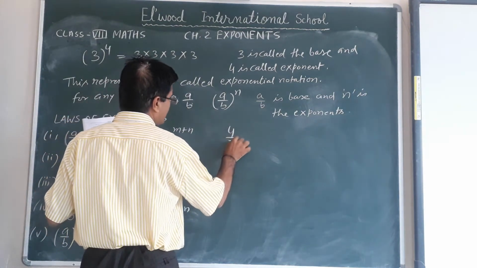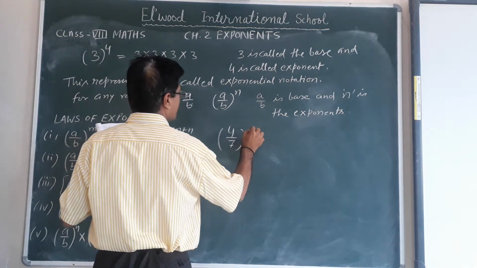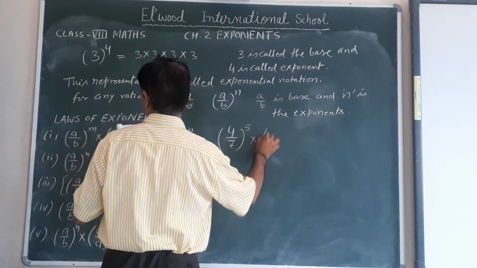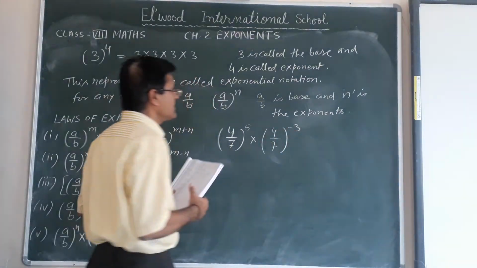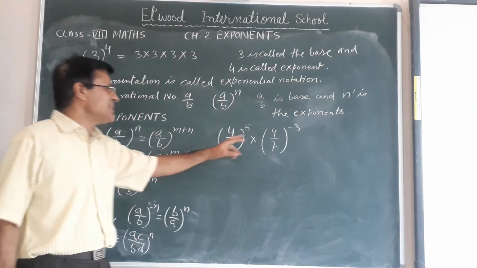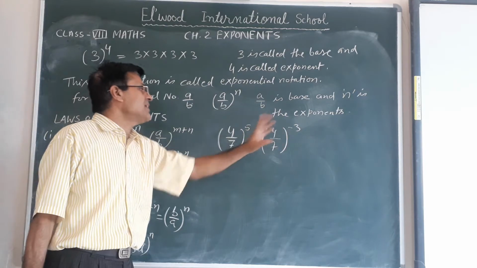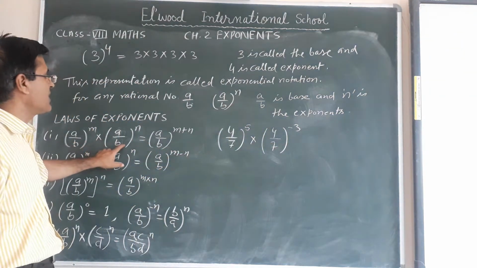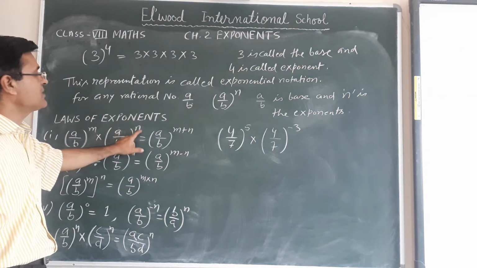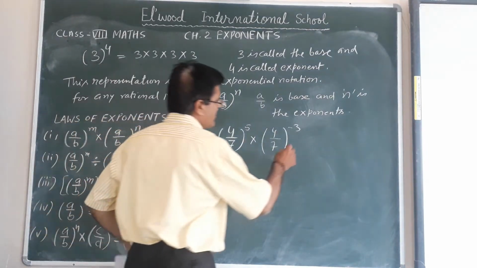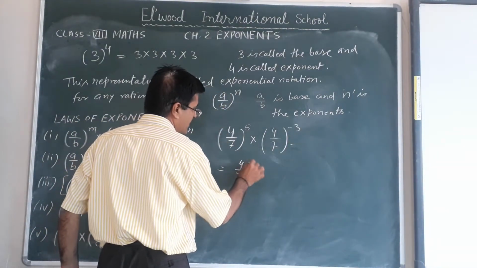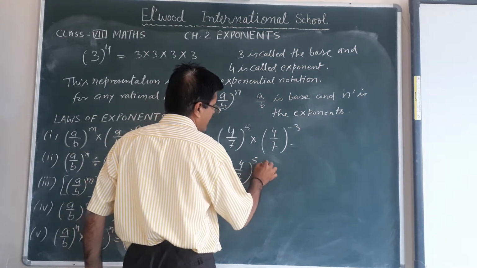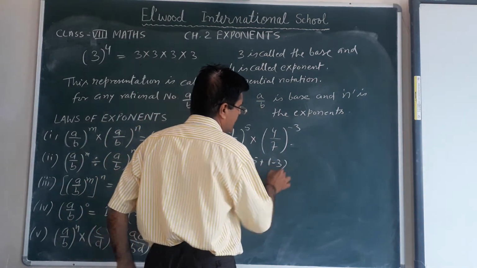(4 upon 7) raised to power 5 multiplied by (4 upon 7) raised to power minus 3. So here bases are same and powers are different. So we will apply first law, bases are same, powers will be added. So it will become (4 upon 7) raised to power 5 plus minus 3.